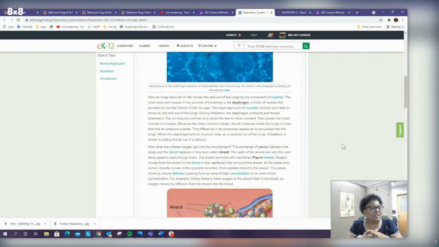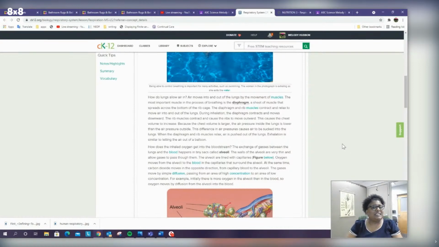And because the chest volume is larger, the air pressure inside the lungs is lower than the air pressure outside. And so that causes air to be sucked into the lungs. When the diaphragm and rib muscles relax, air is pushed out of the lungs. And so exhalation is just like when you let the air out of a balloon.